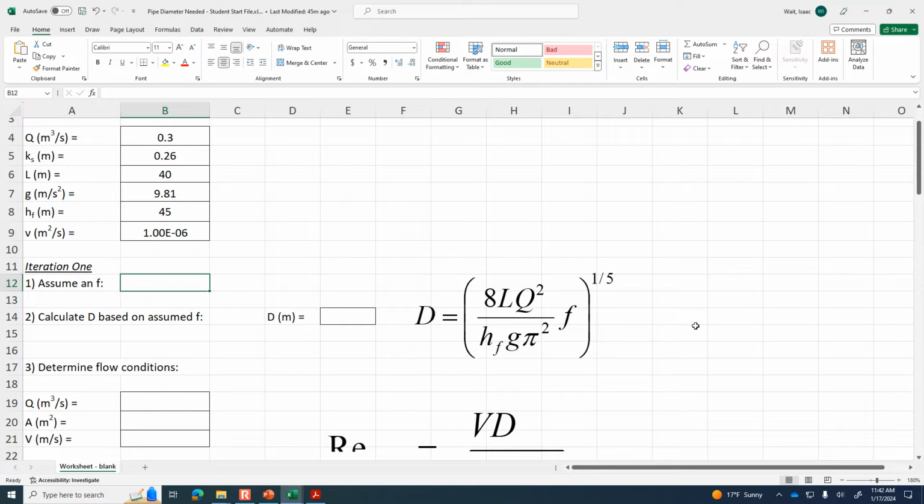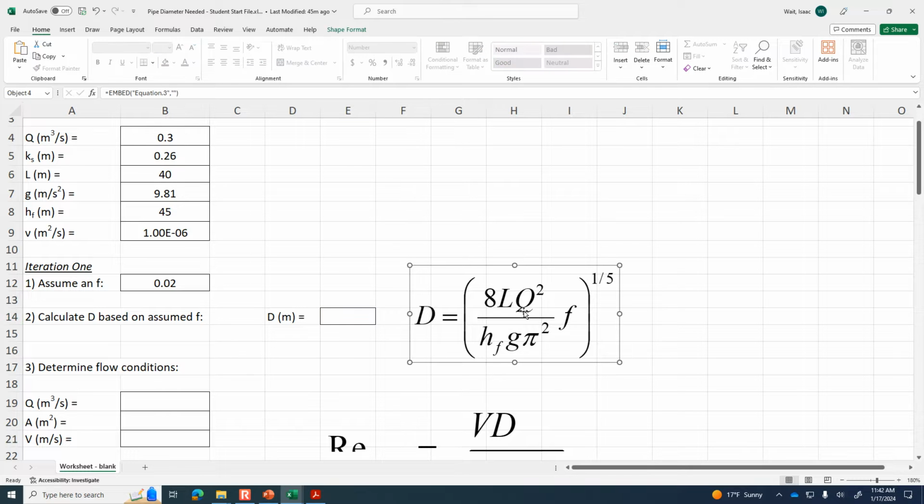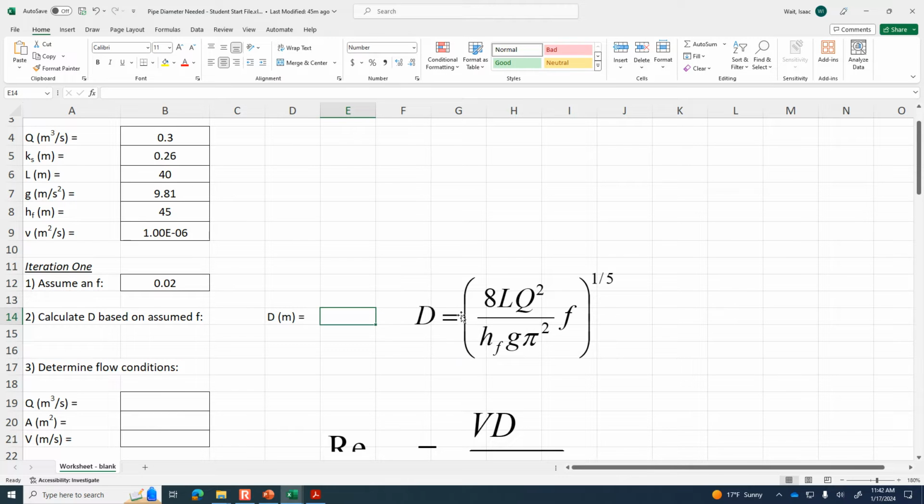For the first iteration, we're just going to assume an F value. I'll use an initial guess of 0.02. Now I'm going to use this to find out what diameter would be required.